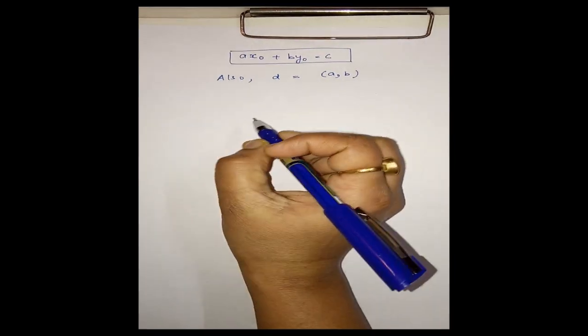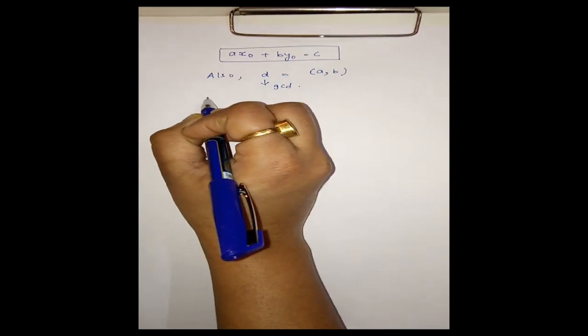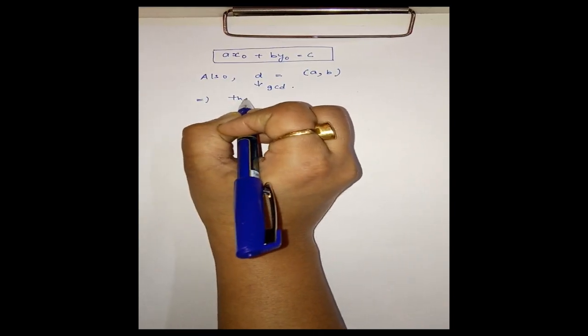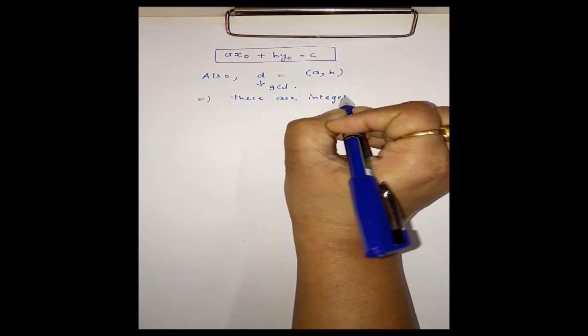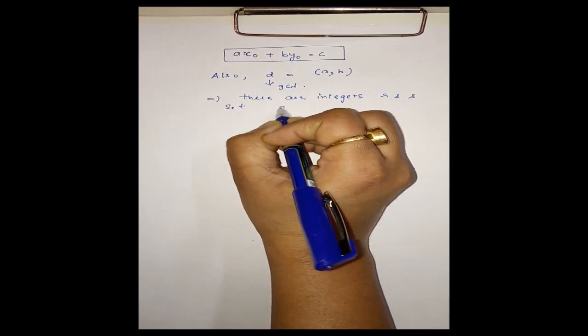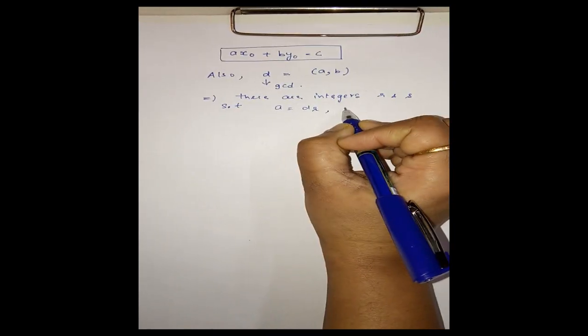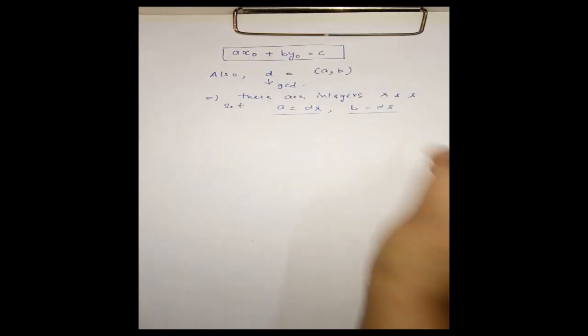Therefore, by definition of greatest common divisor, there are integers R and S such that A is equal to dr and B is equal to ds. Since D is the GCD of A and B, there are two integers R and S such that A is equal to dr and B is equal to ds by definition.